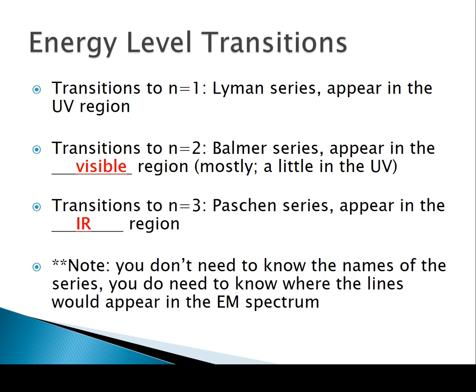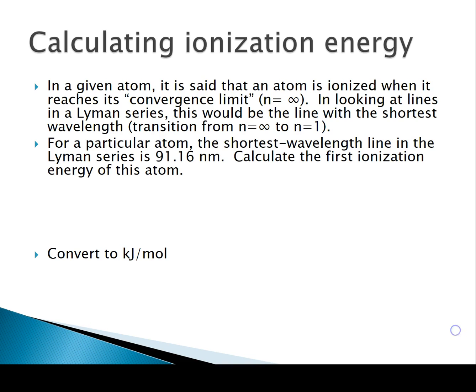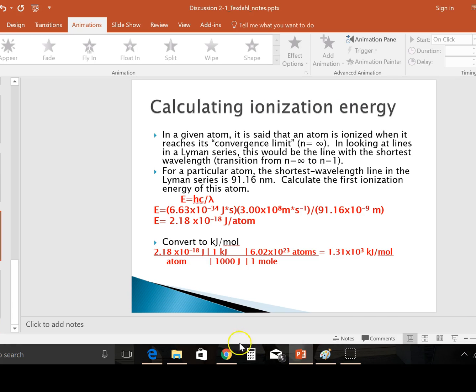Transitions that end at n equals 3 are known as the Paschen series, and they will appear in the infrared region. It's important to note, you don't really need to know the names of the series, but you do need to know what type of radiation would be emitted if an electron landed in a certain spot. So let's actually look at this real quick.